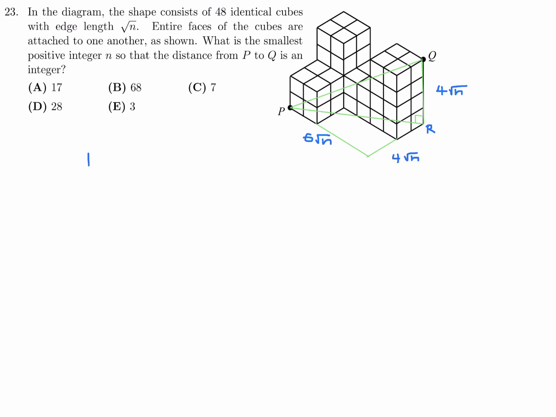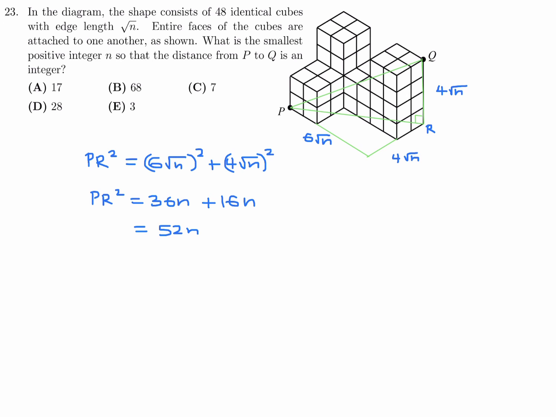So now we figure out PR squared. PR squared is 6 root n squared plus 4 root n squared. And that's going to be PR squared is 36n plus 16n. And that is 52n.